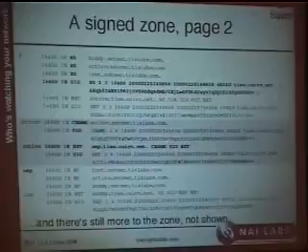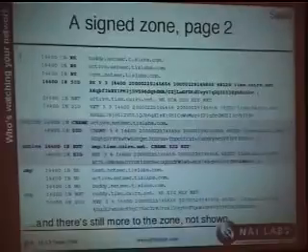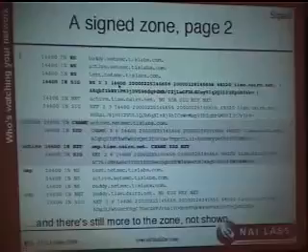On here, I've highlighted a SIG record. The reason I highlighted this one is that in this case I have 3 NS records for my zone. I have 3 name servers, a primary and 2 secondaries. I have 1 SIG record to cover all 3 of them because those NS records are going to be held together as a set of data. So when they travel around, they'll travel together, and the signature will be sent with them to prove that these are the right name servers.